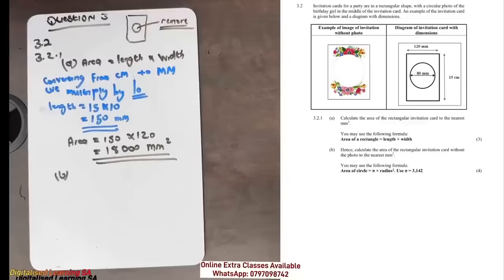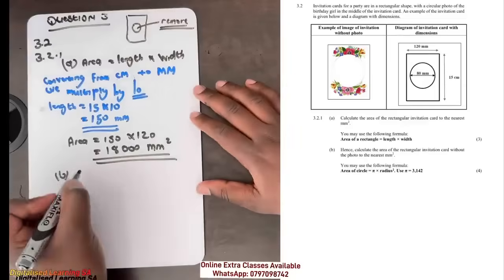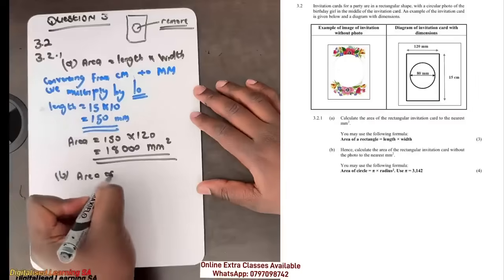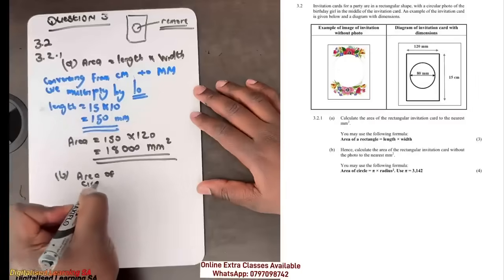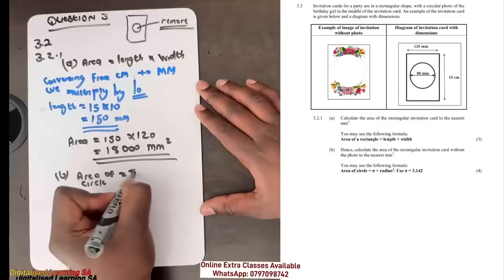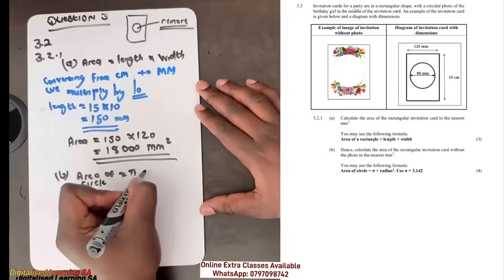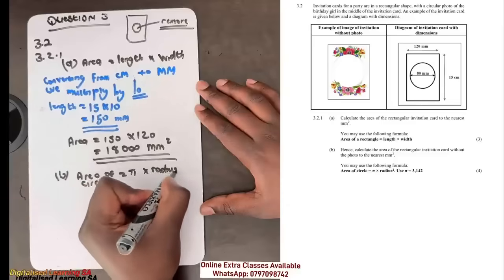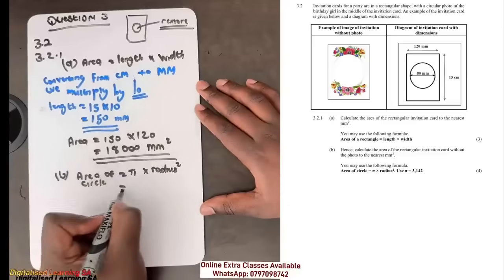First, we need to calculate the area of the circle, and the formula is given: area of the circle equals pi multiplied by our radius to the power 2.